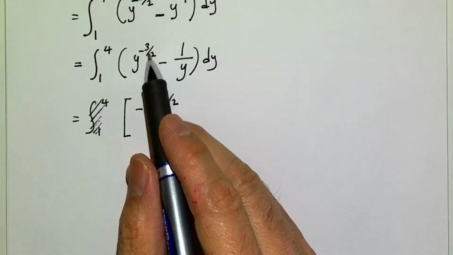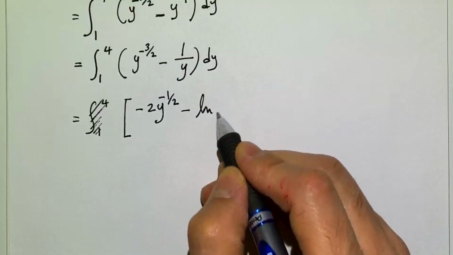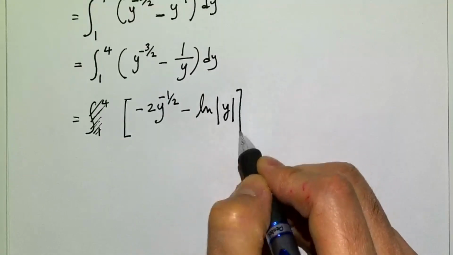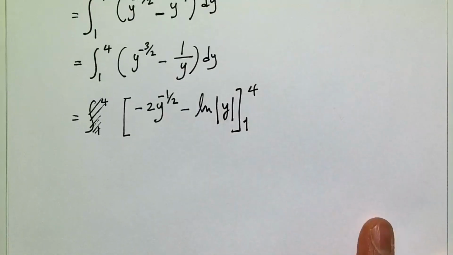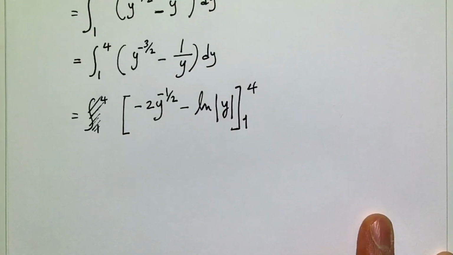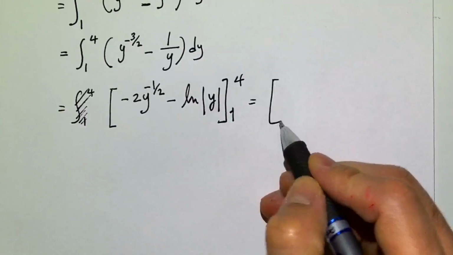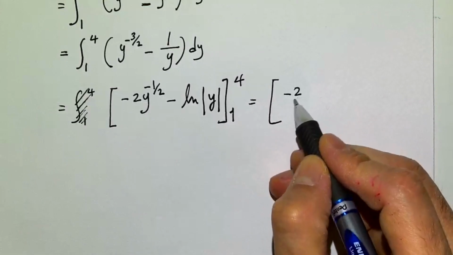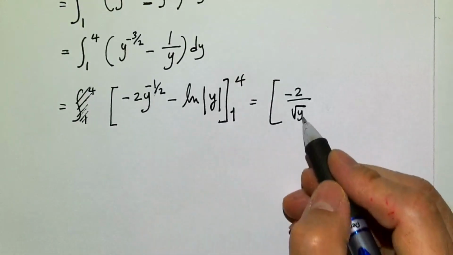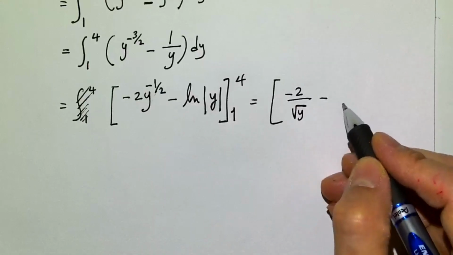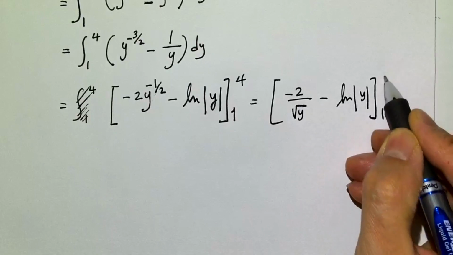That's after we add 1 to it and divide by the new power. And of course, we have minus natural log of y. Okay, this whole thing goes from 1 to 4. All right, so if we simplify it, we get minus 2 over square root of y, just rewrite that, minus natural log of y from 1 to 4.